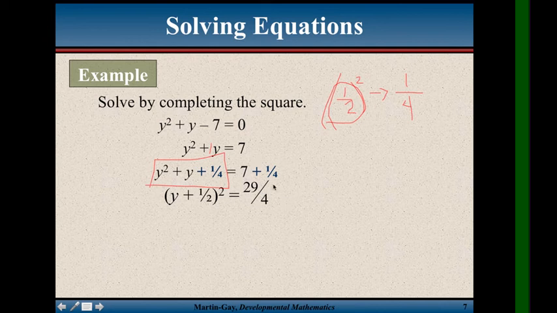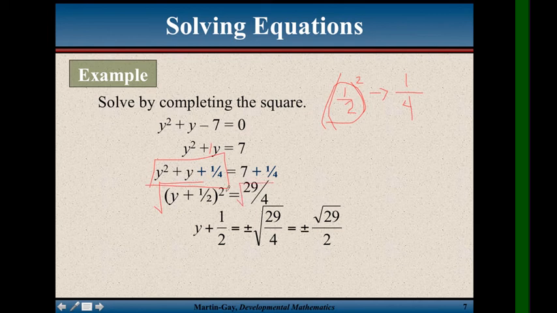I believe all of you know how to add similar fractions. We have 7 plus 1/4, so that's 29 over 4. Next, get the square root. We have y plus 1/2, and if we get the square root of this and the square root of this, we can cancel the square.